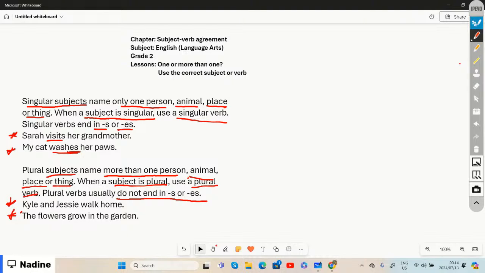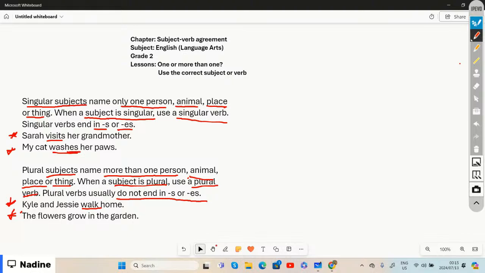So if you look at the word walk, it's an action, it tells us what they are doing, but it does not end with an s. Walk without the s shows the plural form of the verb.